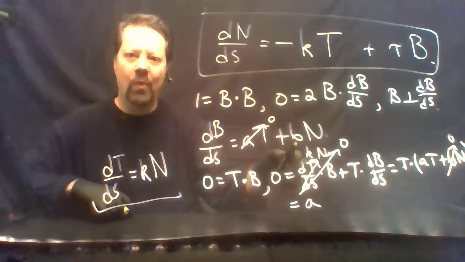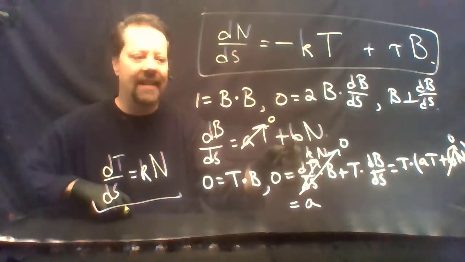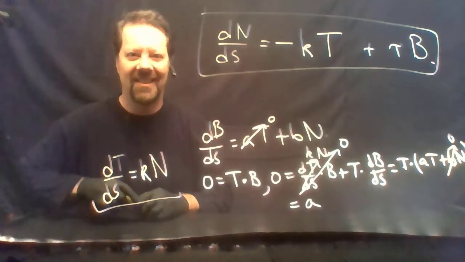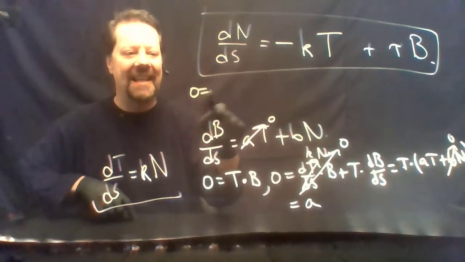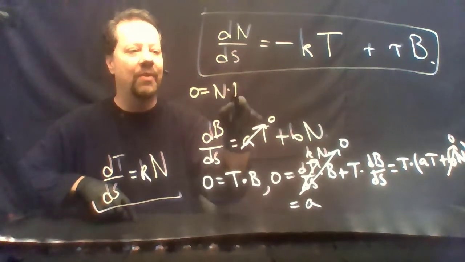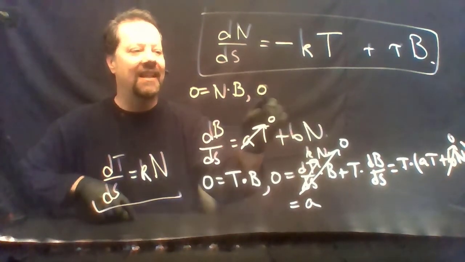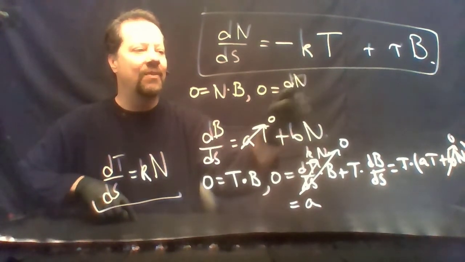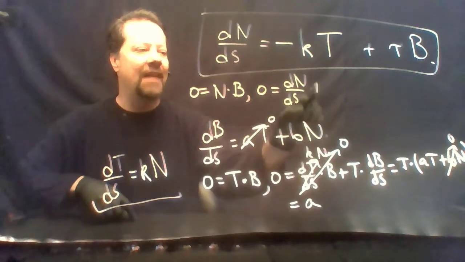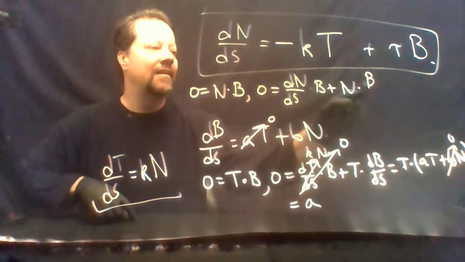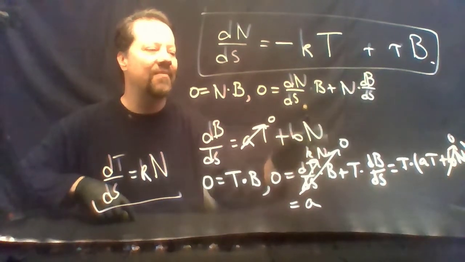That leaves only one scalar to find, and that is the coefficient of n in the formula for dB/ds. There's only one more play to make in this game, and that is to note that when you dot n and b, you get 0. Taking the derivative, we get dn/ds dot b plus n dot dB/ds.